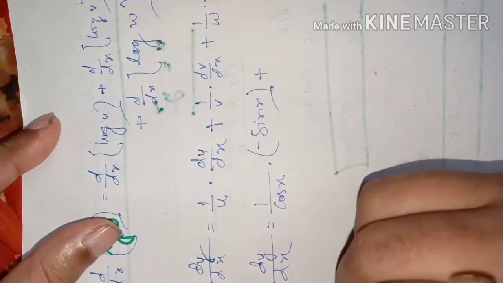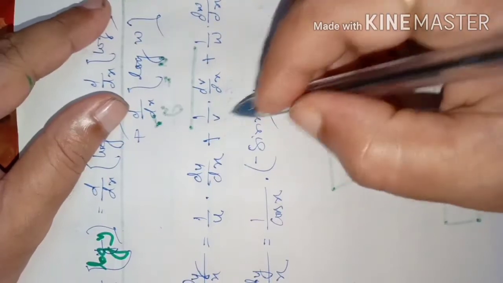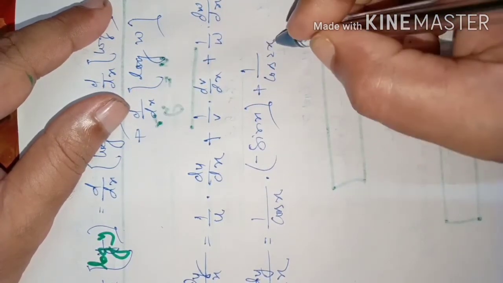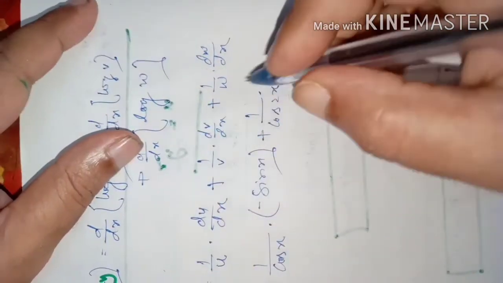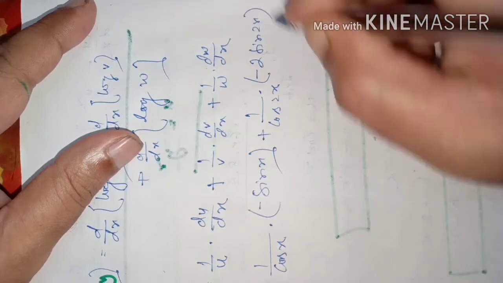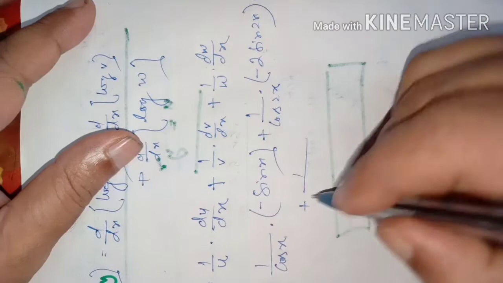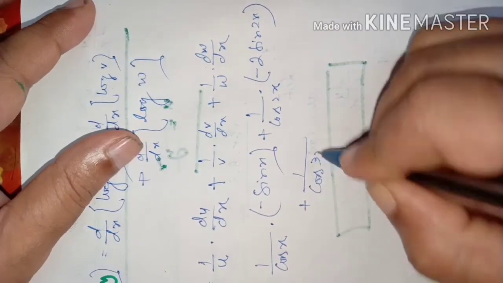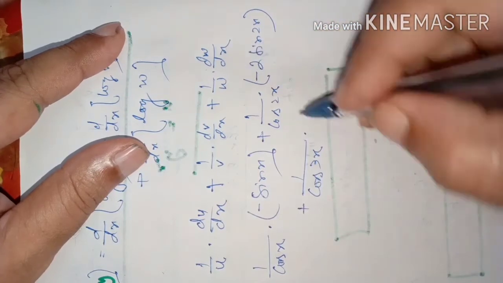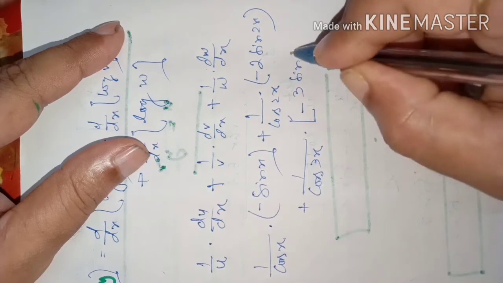So it is 1 by y here. Then 1 by v is 1 by cos 2x into dv by dx, which is minus 2 sin 2x. Then plus 1 by w, again cos 3x, into dw by dx, which is minus 3 sin 3x.